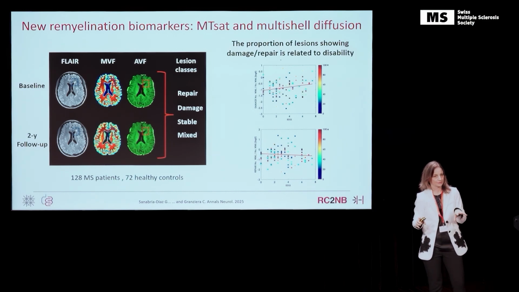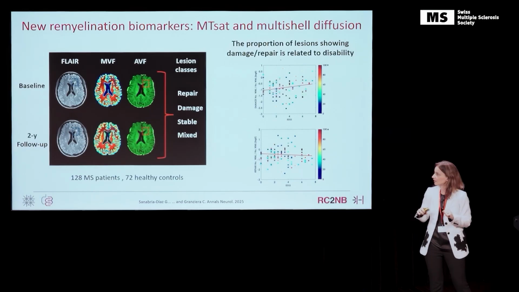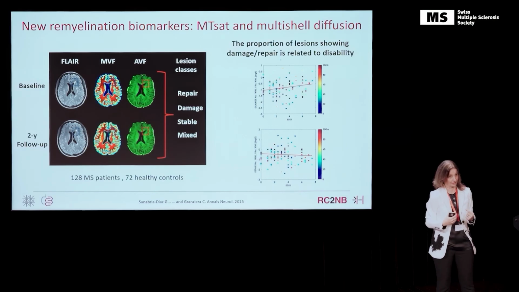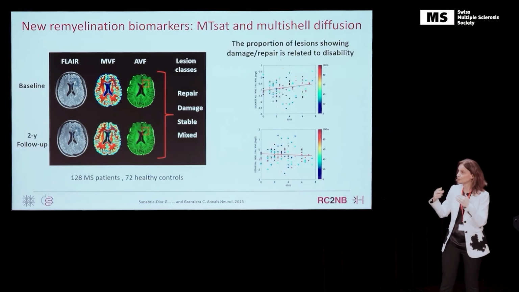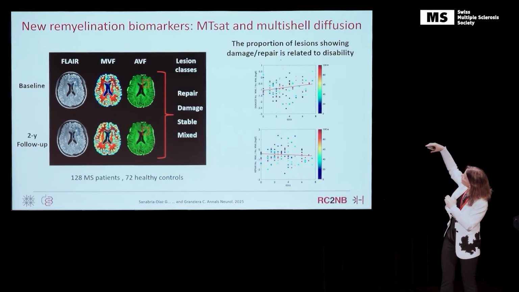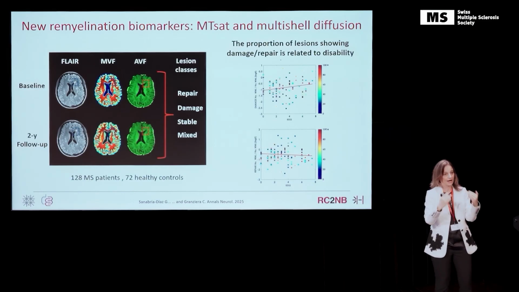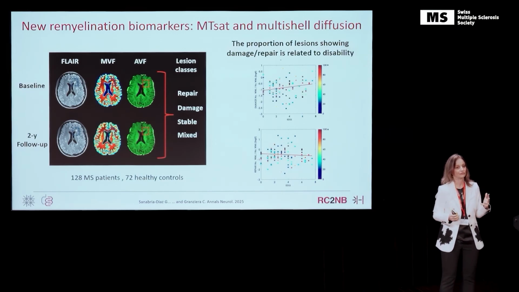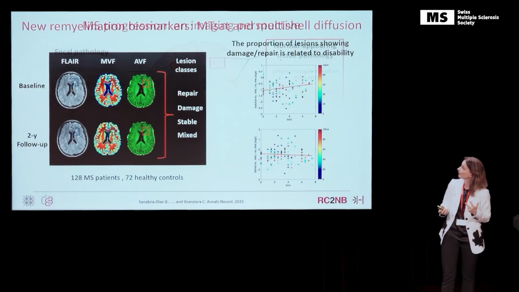There were some mixed patterns and some stable patterns. We classified the lesions like this, and what we found again was the same thing: the proportion of damaged lesions was correlated positively with the EDSS, so the higher this proportion, the higher the EDSS, and vice versa, the proportion of repaired lesions was inversely correlated to the EDSS. It's the same concept with 3 different approaches.